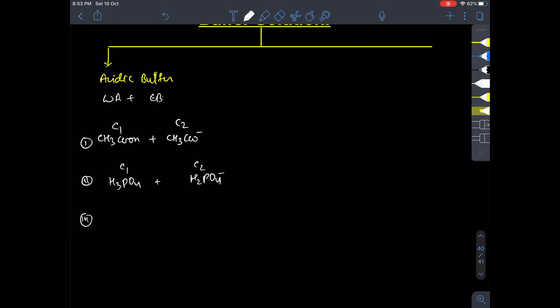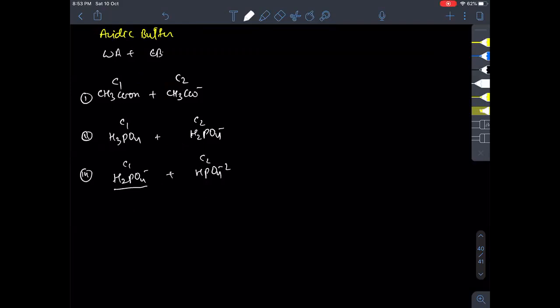Similarly, another buffer which can be created by the polyprotic acid is H2PO4 minus along with HPO4 minus 2. Please look here. This H2PO4 minus is an acid, and if you remove the H plus it will become the conjugate base.